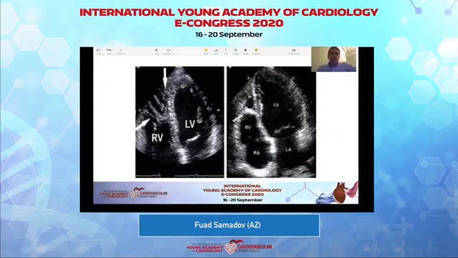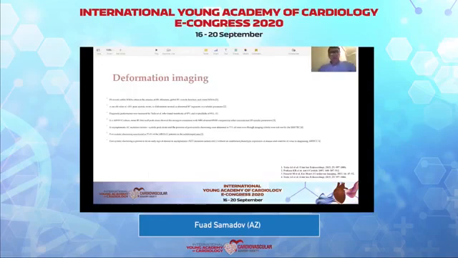These images are showing hypertrabeculation or excessive trabeculation and a hyperreflective moderator band. Of course, these findings are not enough for diagnosis, but they support the diagnosis of arrhythmogenic cardiomyopathy.